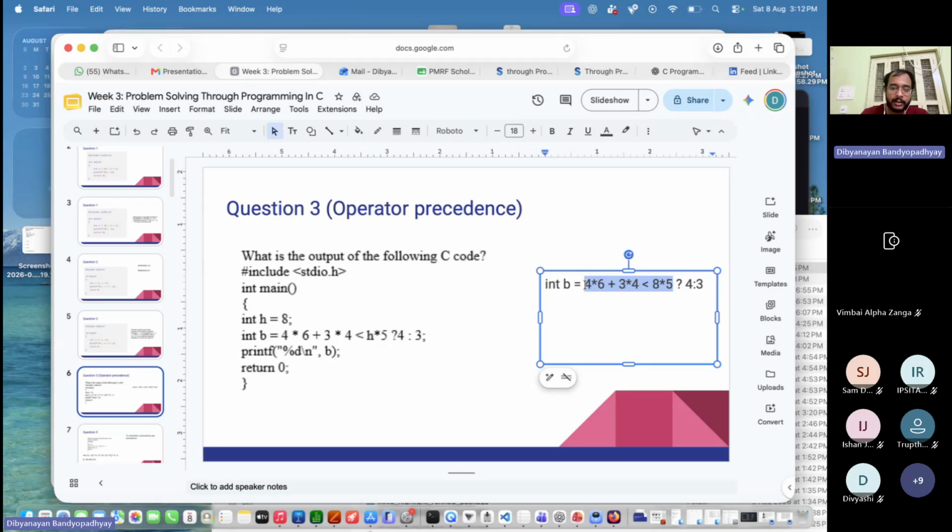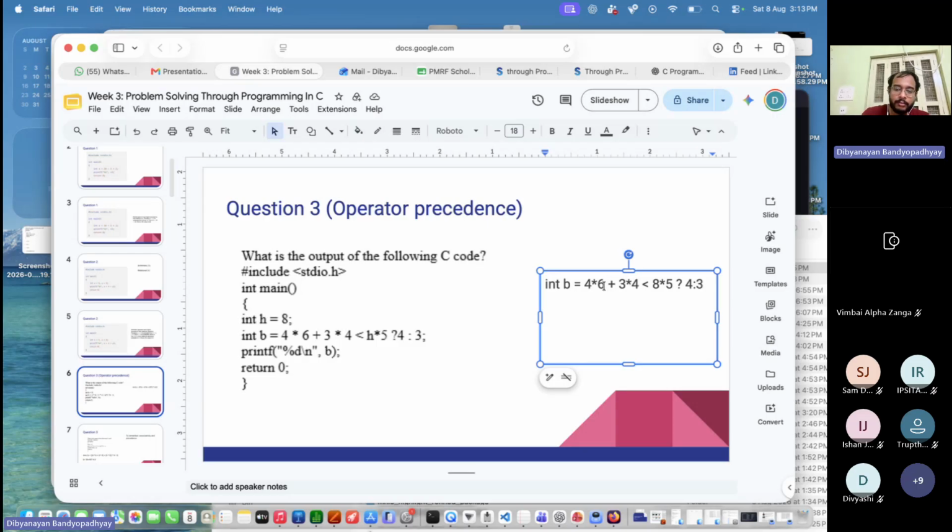To evaluate the left hand side, you have to see what operators are there. If you see carefully, there are two operators in the left hand side. One is star, which is for multiplication, and one is plus, which is for addition. But you all know that multiplication has a higher precedence than addition.